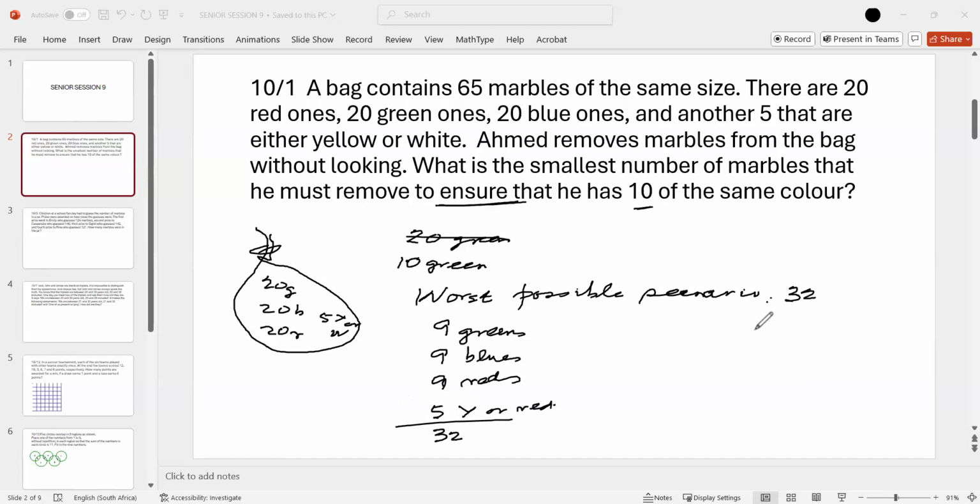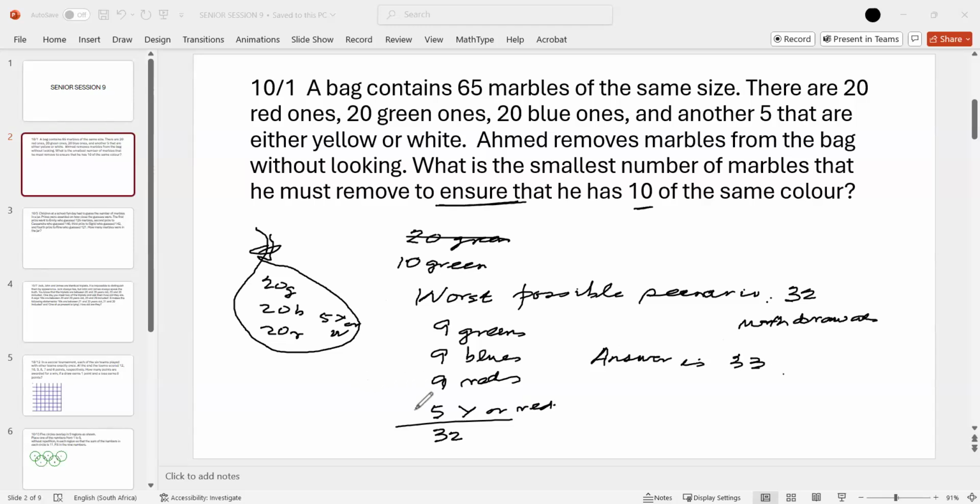The 32 withdrawals, we'll call it withdrawals. Okay, so to ensure that he has 10 of the same color, he has to withdraw one more.